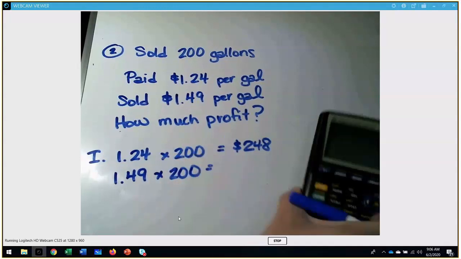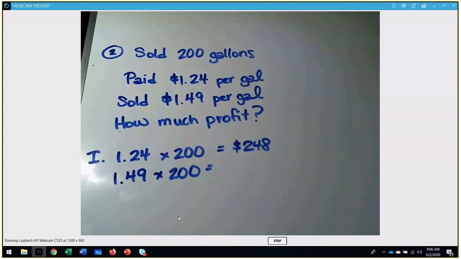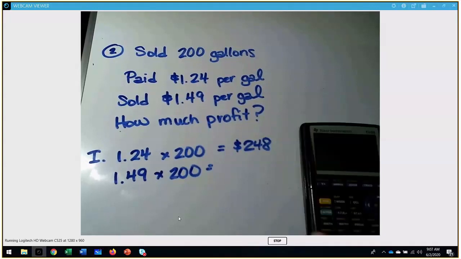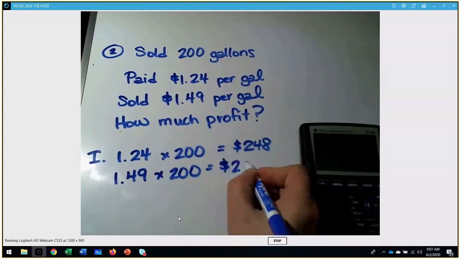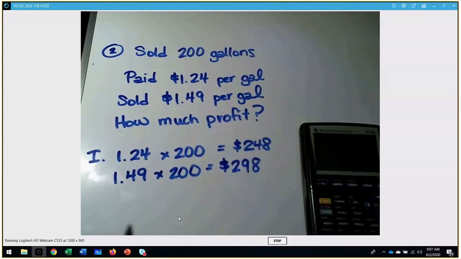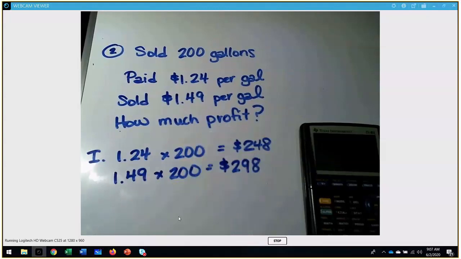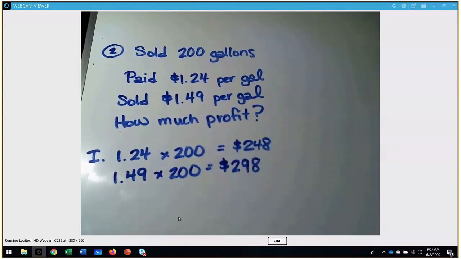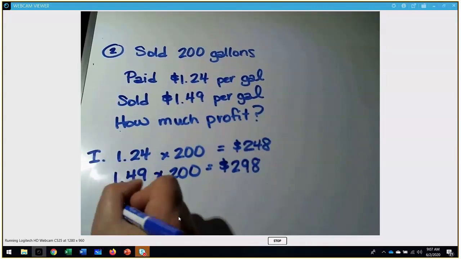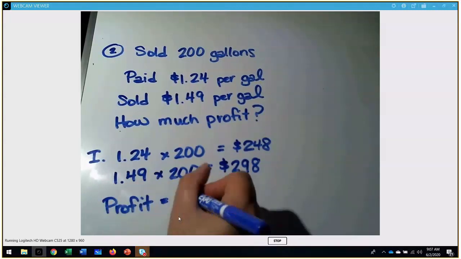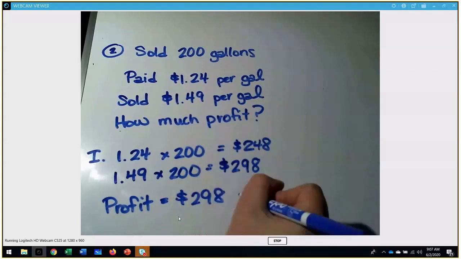So $1.49 times 200 gave me $298. You can see that. How much profit did they make? Profit is the money that they get to keep. So it cost them this much, then they made this much. So their profit would be what? $50. The difference between those 2 amounts.